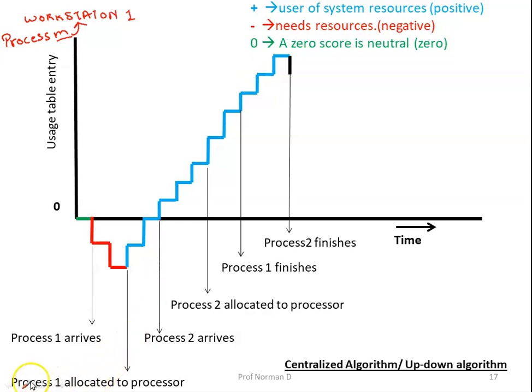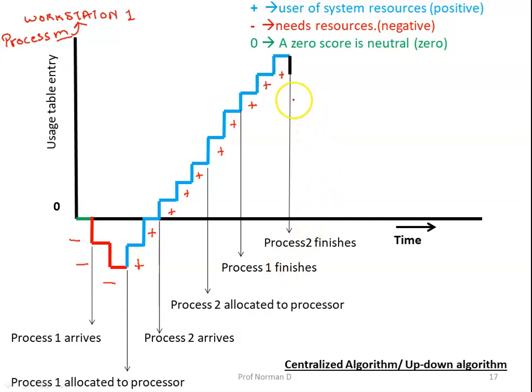If you observe carefully, when we look at the penalty points, it was negative, negative, negative, and once the resources were assigned, it started moving in the positive direction. It kept on moving until all the tasks were completed.